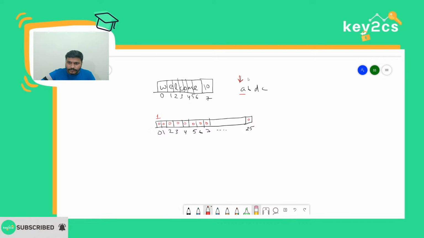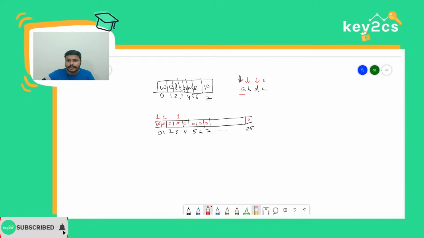Next, when we come across character B, we would increment the value at index 1 because B is mapped to index 1. Next, we encounter D, which is mapped to index 3, so the value at index 3 would be incremented to 1.